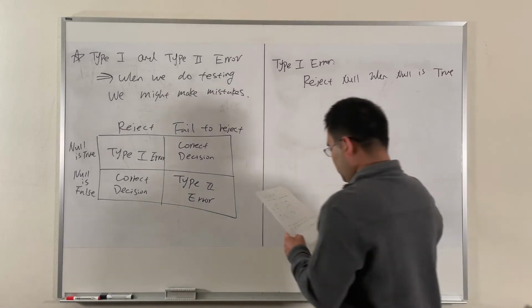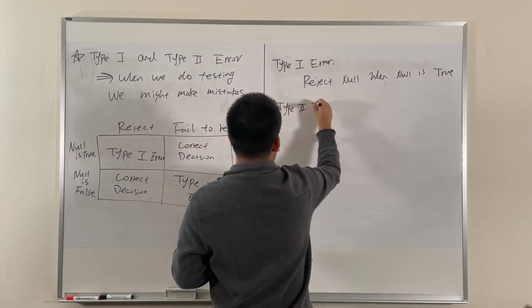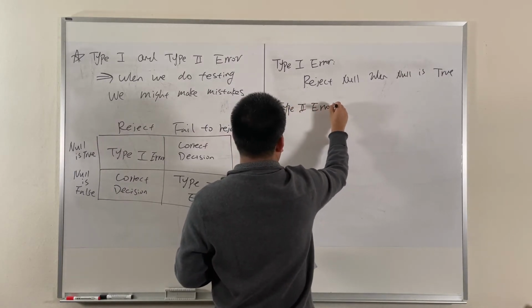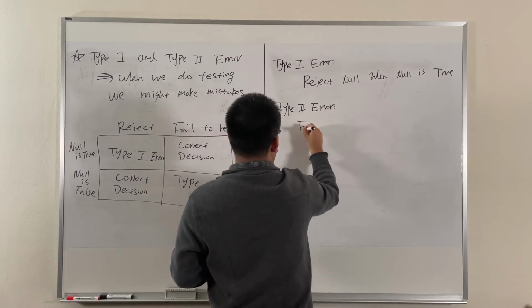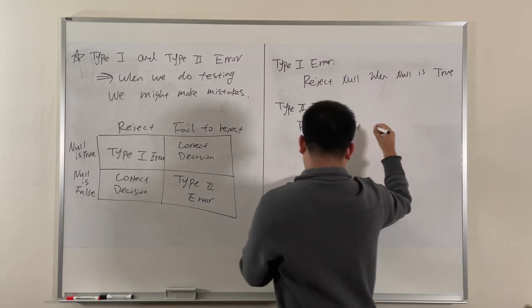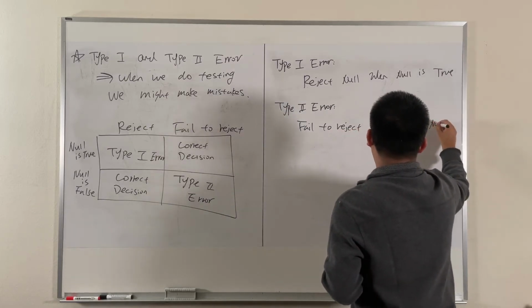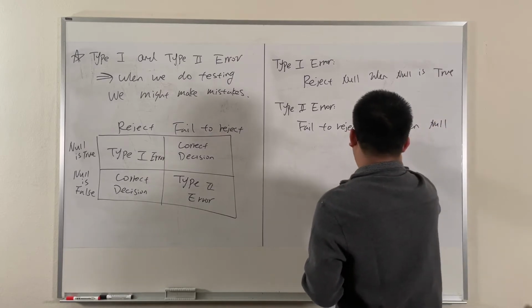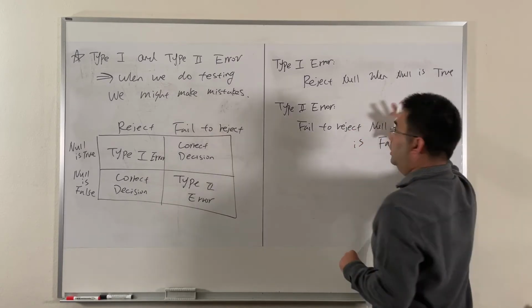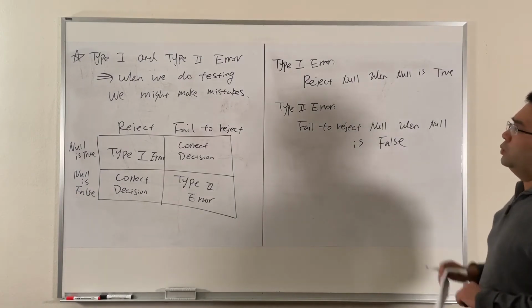And then type 2 error is when you fail to reject your null when the null is false. These are the two types of error that we make when we do testing.